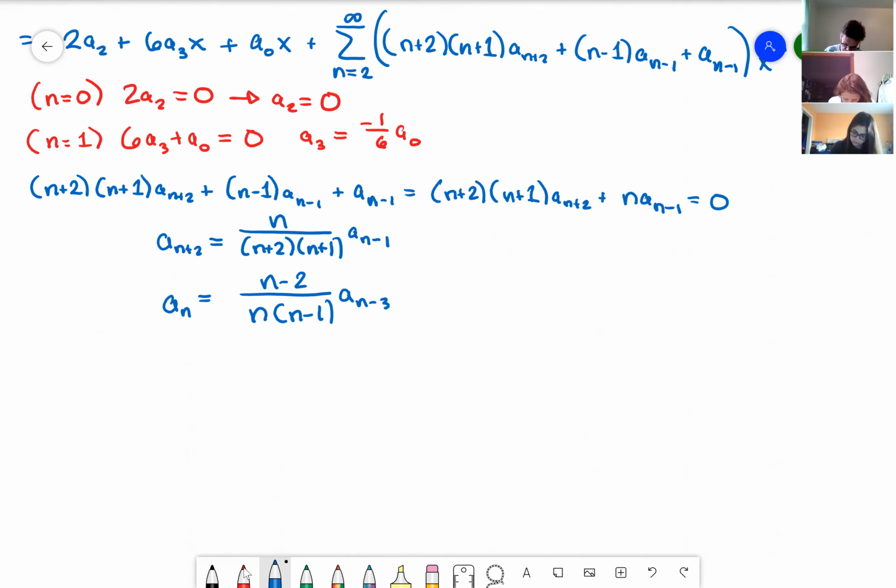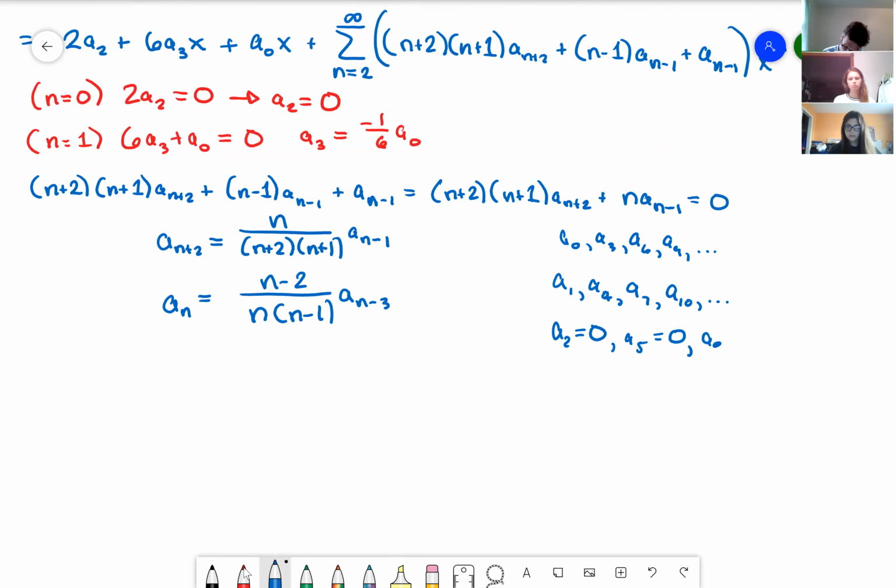So you see what we get is a0, we get a3, and then a6, and a9, and so on. We have a1, we get a4, a7, a10, and so on. All of these depend on the one three before it. And finally, a2 is equal to 0, and so we get a5 equal to 0, a8 equal to 0, and so on.